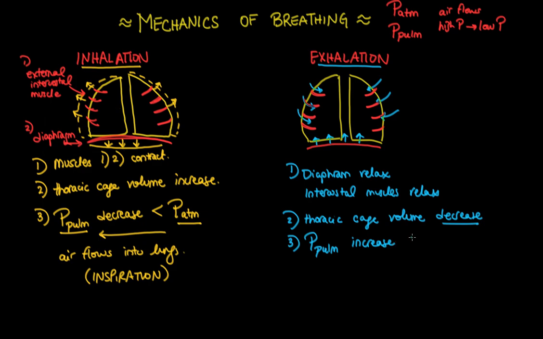And it increases such that it is greater than the atmosphere pressure, so P atmospheric. Again, we know that air is going to move from an area of high pressure to an area of lower pressure. So as a result, air flows out of the lungs, which is known as exhalation or expiration.